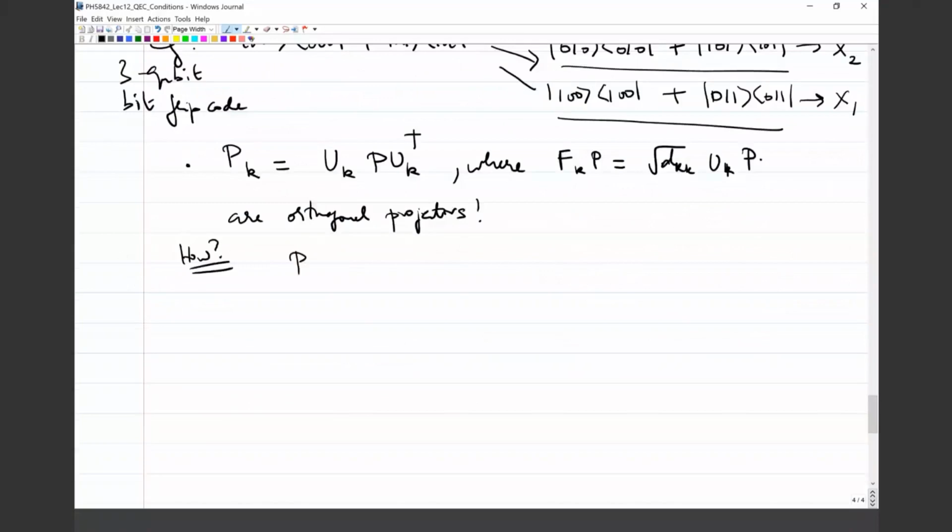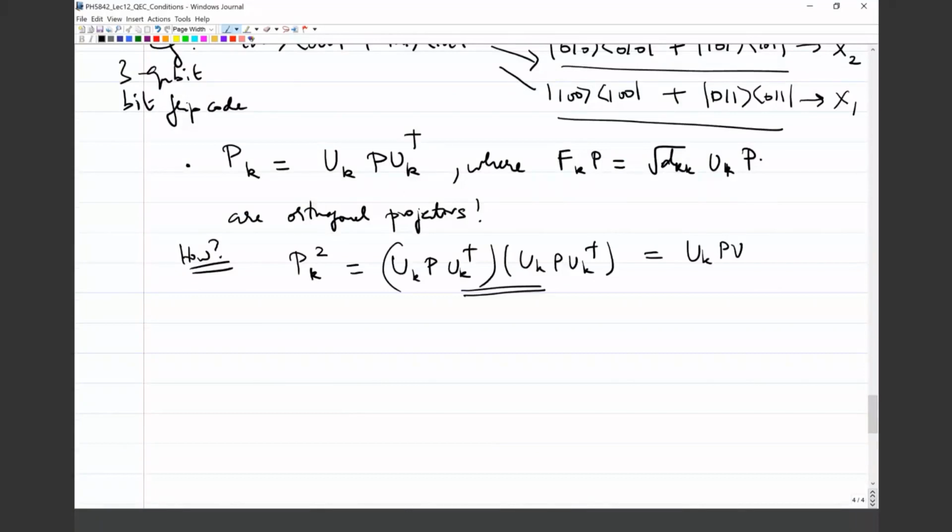So let's do P_k squared. That is U_k P U_k dagger U_k P U_k dagger. Yes, so this is identity. P squared is P. P is the projector on the code space. So this gets me back P_k, right? So this tells me that they are projection operators.